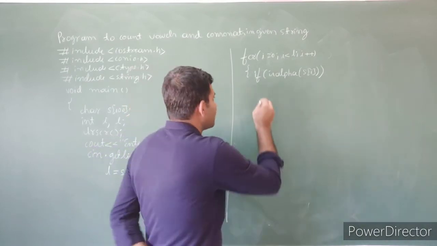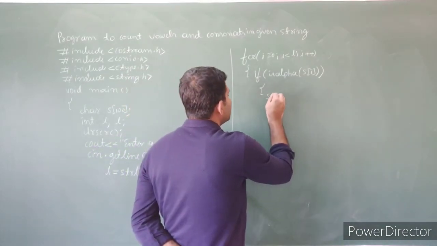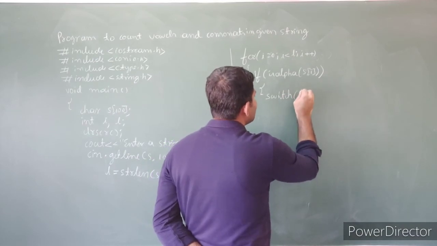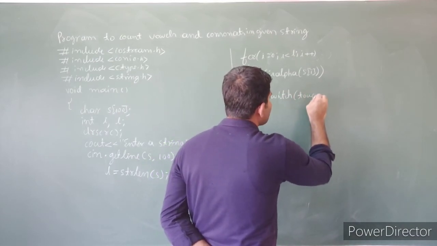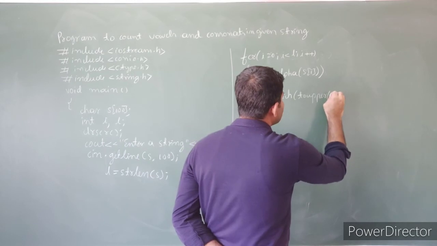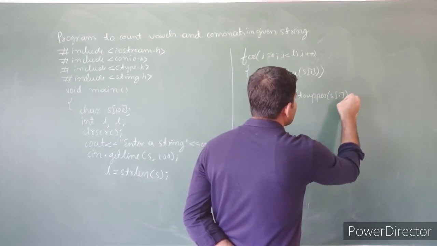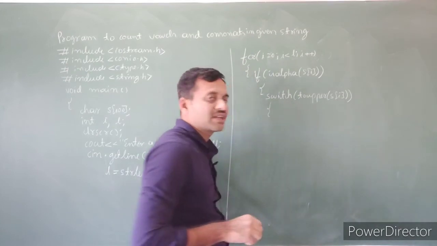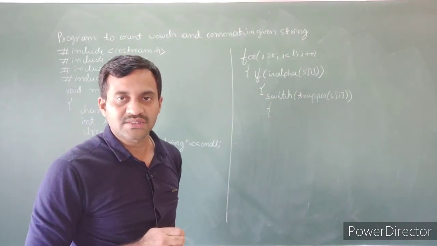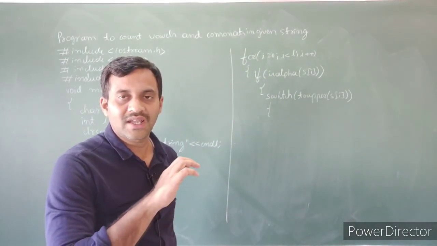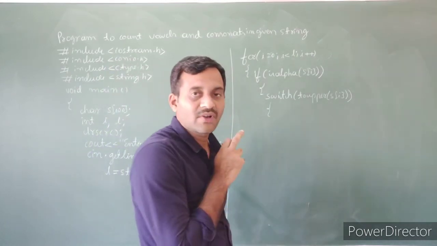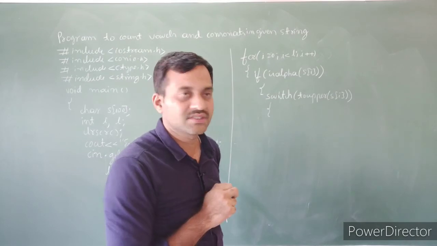If it is an alphabet, then in a switch statement we convert to uppercase, toupper of s of i, because both uppercase and lowercase have vowels. So we convert each character to uppercase. toupper belongs to the header file ctype.h.